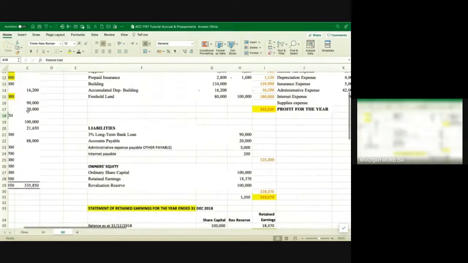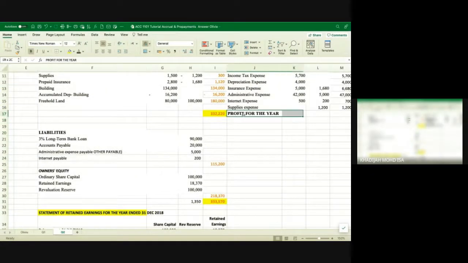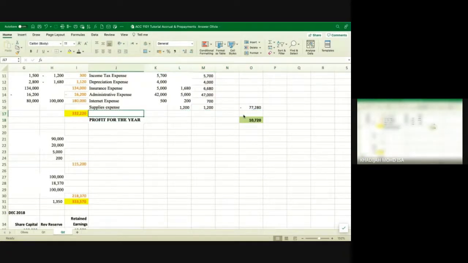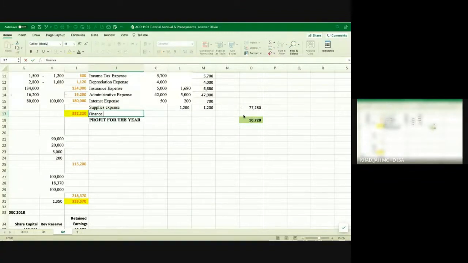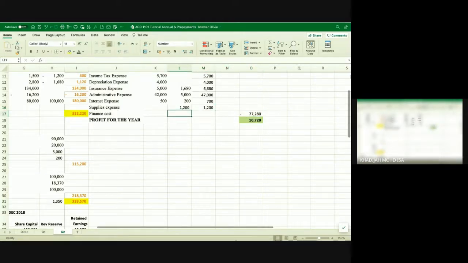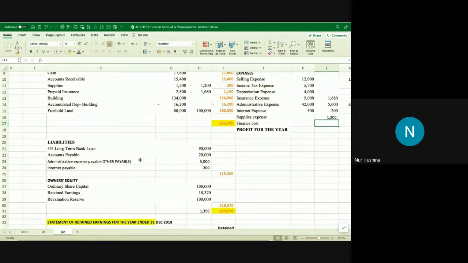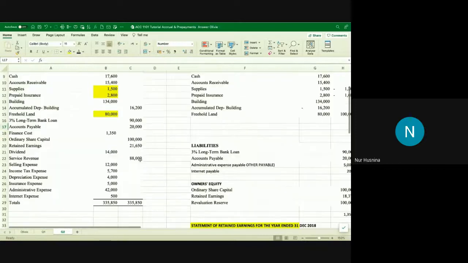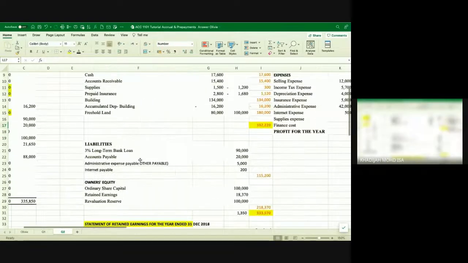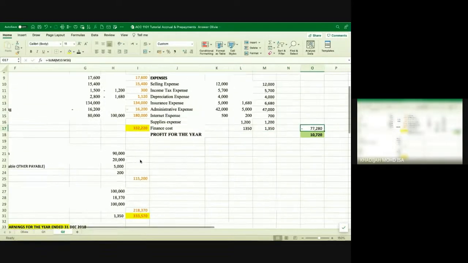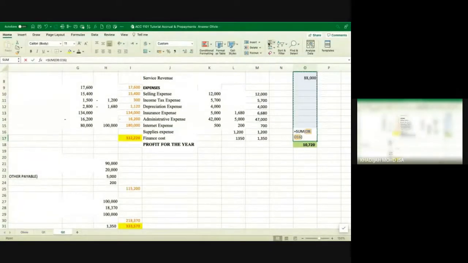So finance cost must be part of the expenses, right? How much is the finance cost? 1,650. Where is it? Oh, it's here. So my profit now will change because my expense increases.